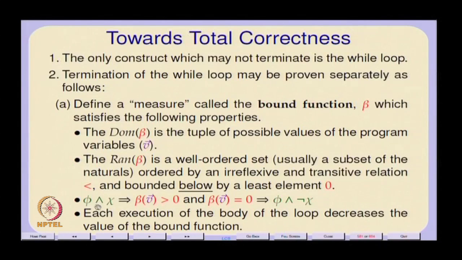But if you have any iterations left to do, then you should not have reached the bottom of the ordering, and if you have reached the bottom of the ordering, then there should be no more iterations to do. That is the way the bound function has to be designed as a measure, and this can be very trivial in certain cases, but it can also be quite complicated in certain other cases.